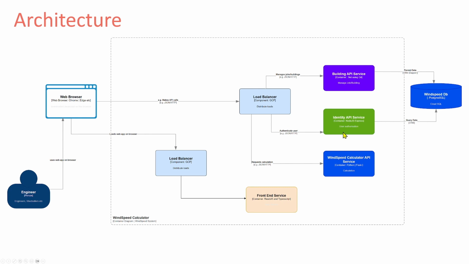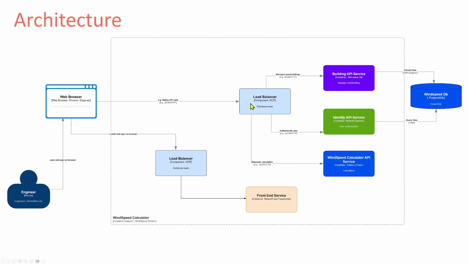The request will go through the identity API service, which is built on Node.js, and this service will communicate with the database, authenticate the user, and eventually return a JWT token back to the application that's running on the browser.